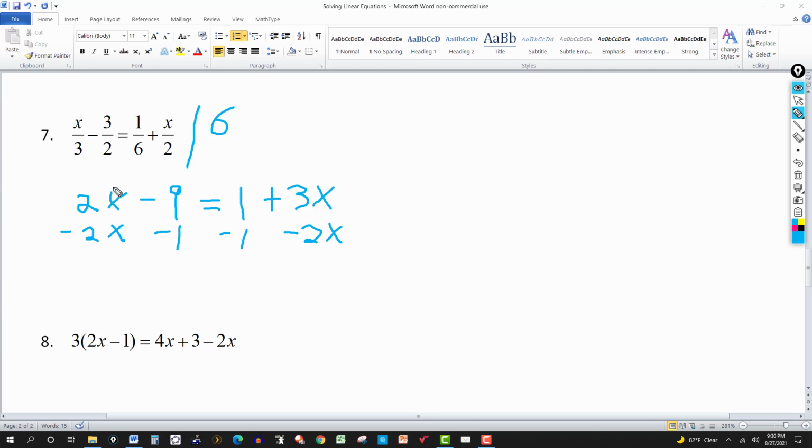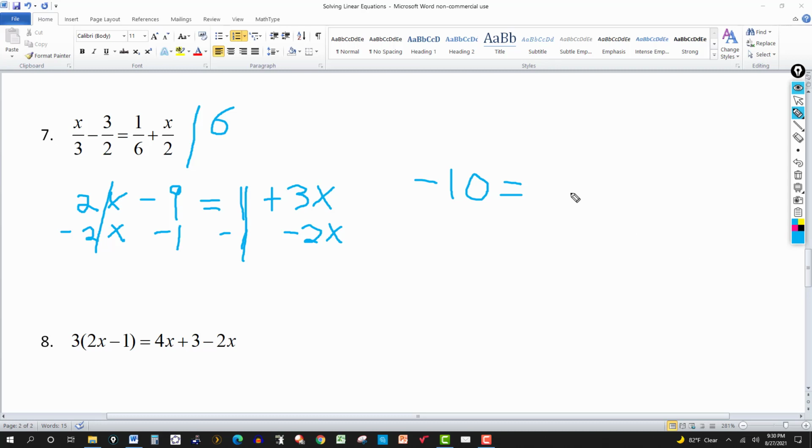So what do we have? These cancel out. The 1 and -1 cancel out. So I get -9 and -1. That's -10. Equals 2. And then 3x and -2x, the signs are different there, so I subtract the 2 from the 3, take the sign of the larger, which is 3.